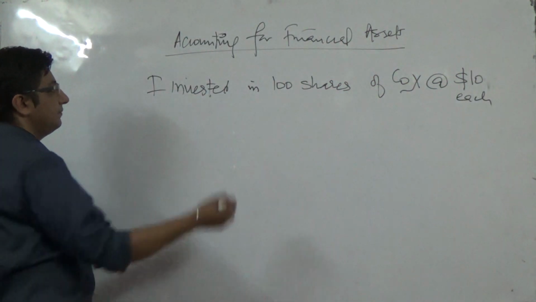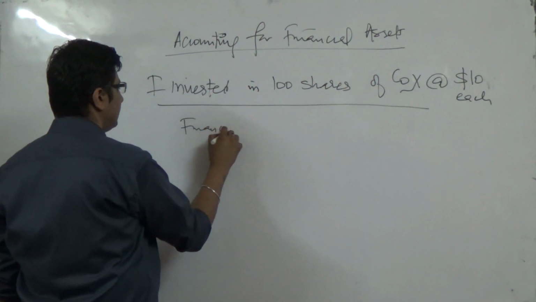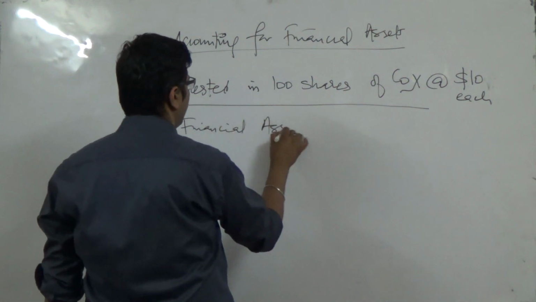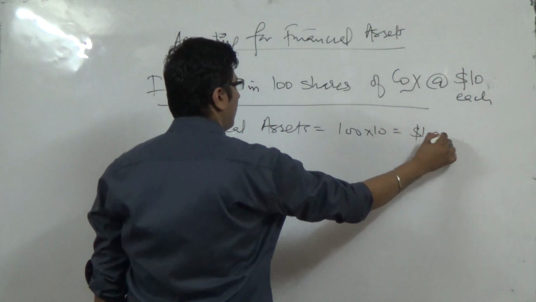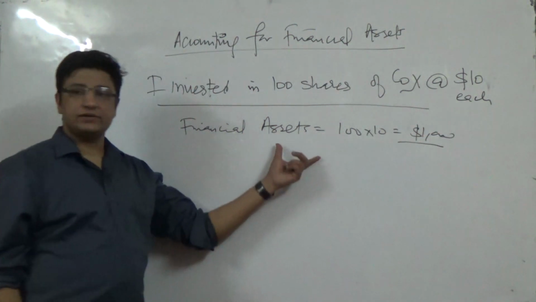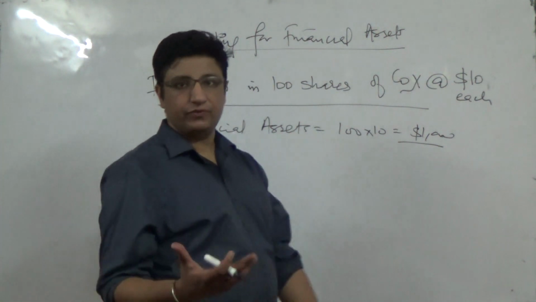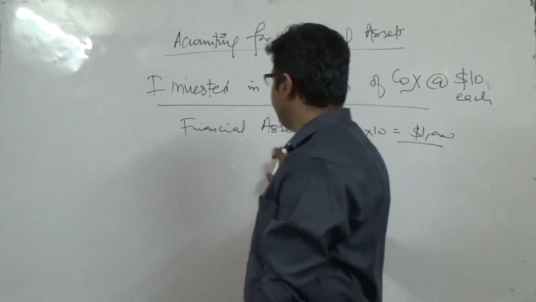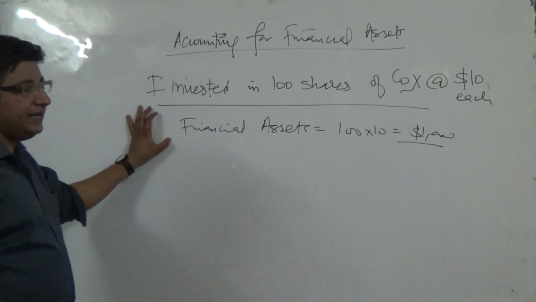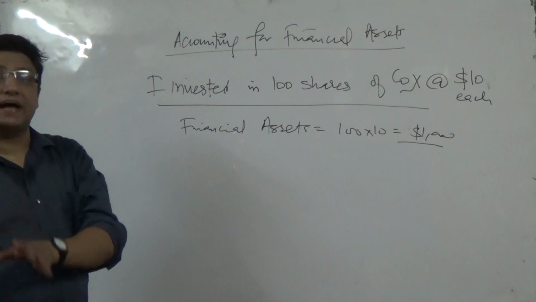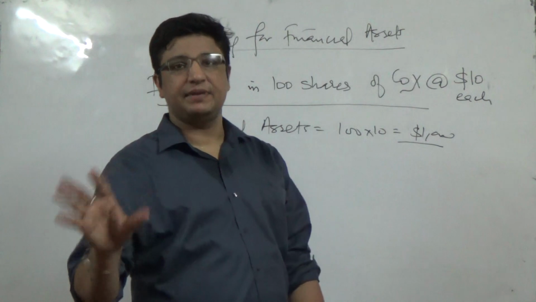This means my total financial asset is 100 into 10, which is $1,000. The question arises, how do I account for it? As in, what should be my first entry and what should be my entry on the balance sheet date, the reporting date? That is something we will talk about.